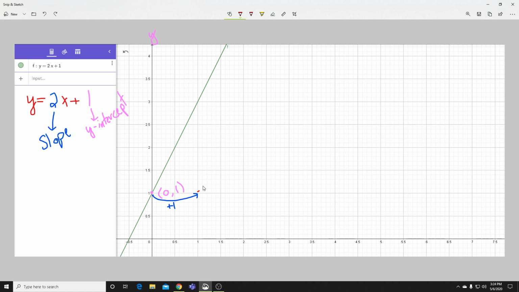And I know if you count on the grid, it's technically 4, but remember, this is counting by halves here. So from here to here is 1, from here up to here is 2.